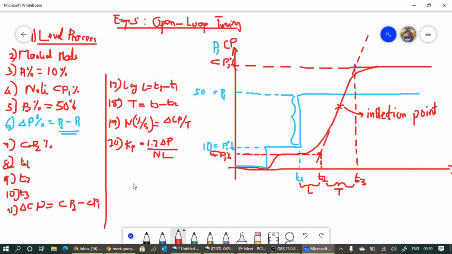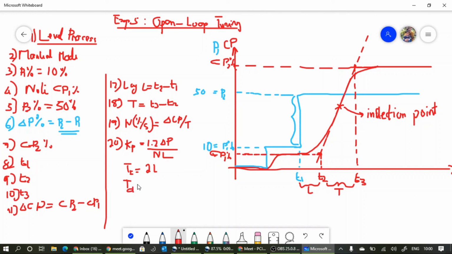Then what is Ti? Ti is equal to 2L. What about Td?